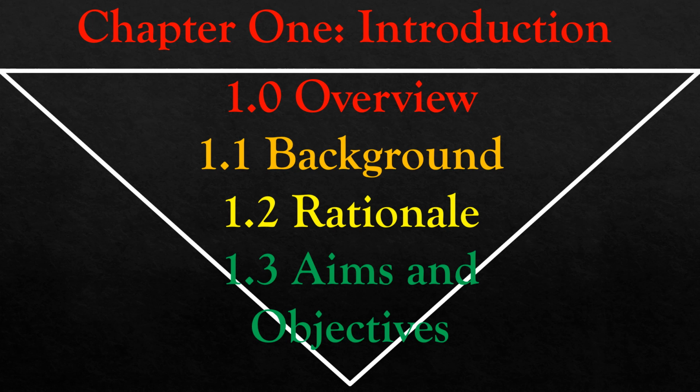Your rationale is a concise paragraph that brings together all of your arguments. In this section, you will really try to demonstrate the rationale, the reasoning, the significance of your research. The last part of this chapter, you will include your aims and your 4 objectives. This will end chapter 1.